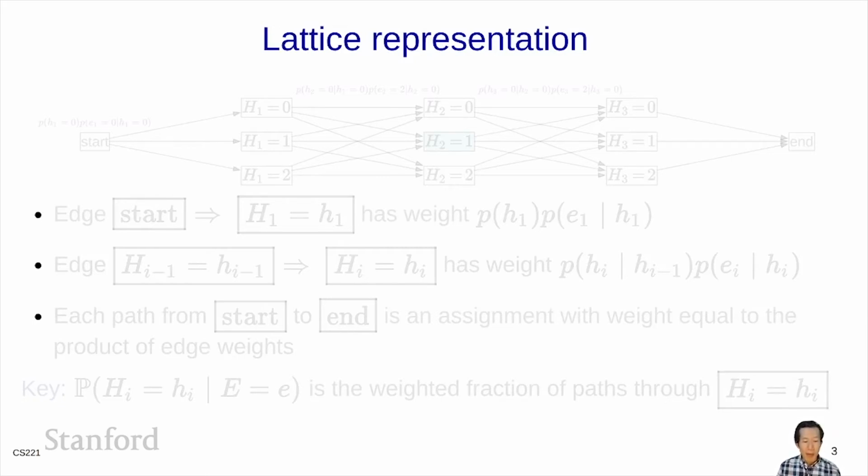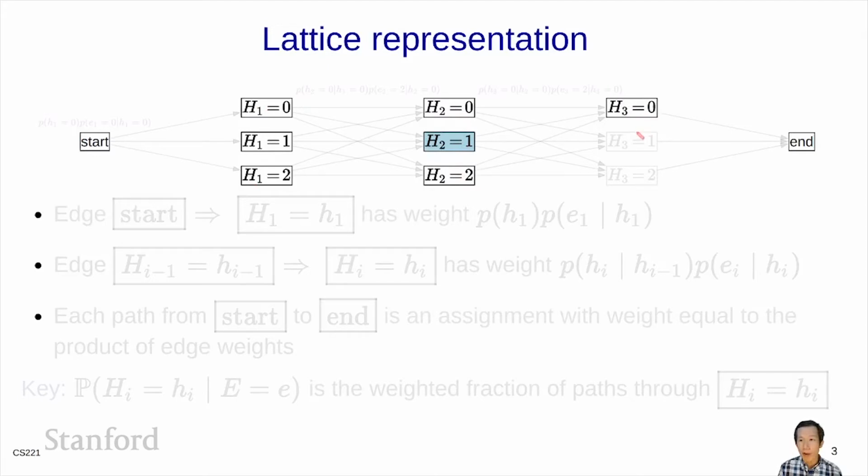The forward-backward algorithm is based on dynamic programming, and the key idea is to represent the set of all assignments using a lattice. This lattice is a directed acyclic graph, not to be confused with the actual HMM or Bayesian network. There's a start state and an end state, and each column represents a particular variable, and each row corresponds to a particular value.